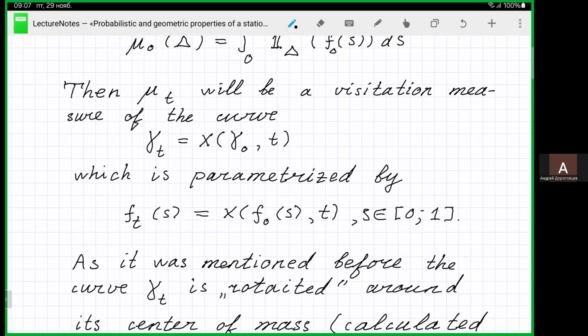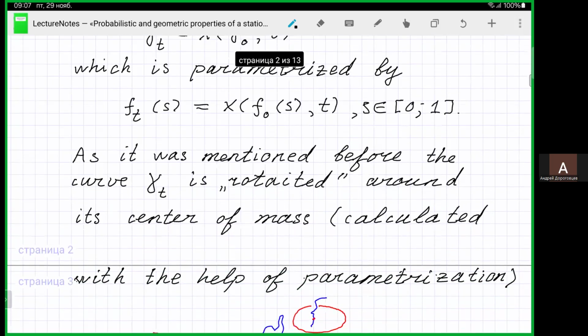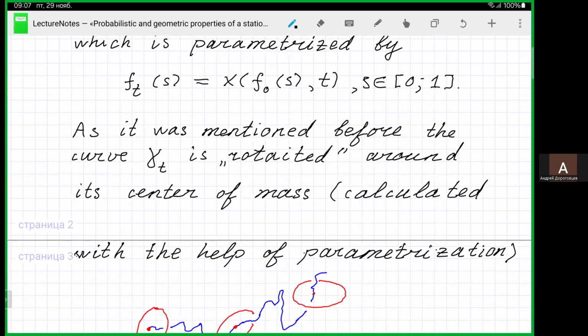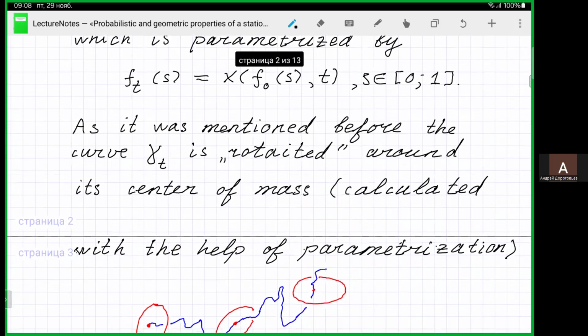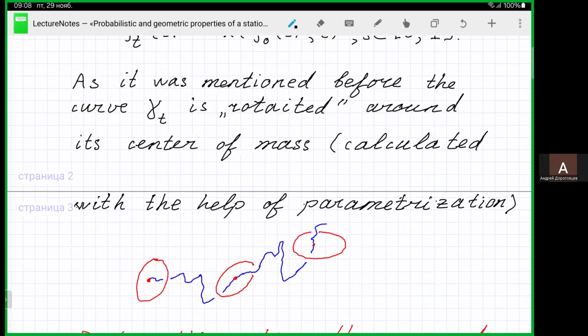But this motion is very simple. As was mentioned before, the curve gamma_t is rotated around its center of mass, which can be calculated with the help of the parameterization. So the picture is like the following. We have some curve gamma, and it evolves in the space, just rotating around its center of mass, and the center of mass is performing Brownian motion in R3.